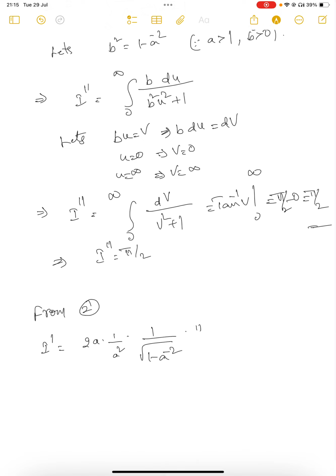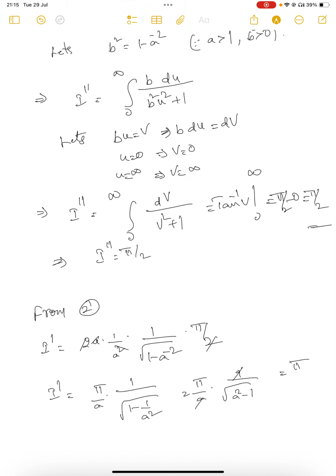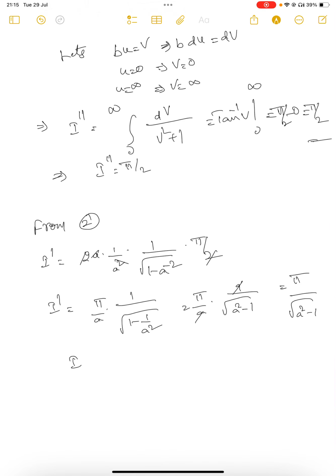I double dash part is pi by 2. These two will get cancelled, and this a will get cancelled. That is I prime equal to pi by a into 1 by root of 1 minus 1 by a square, right? It will be pi by a into a by root of a square minus 1. It is pi by root of a square minus 1. I prime is pi by root of a square minus 1.